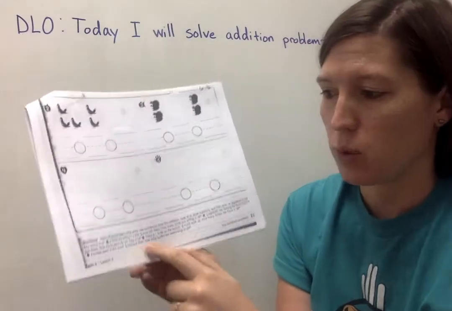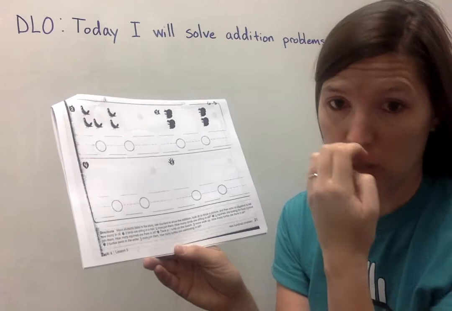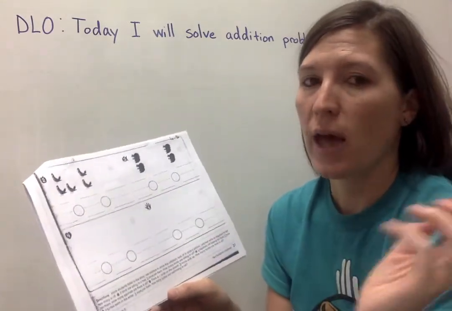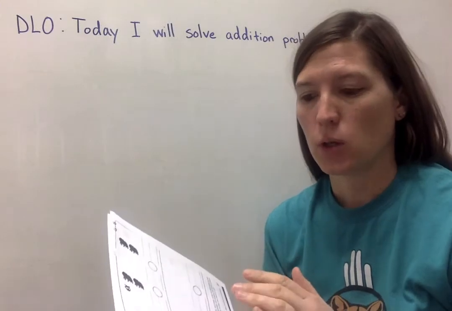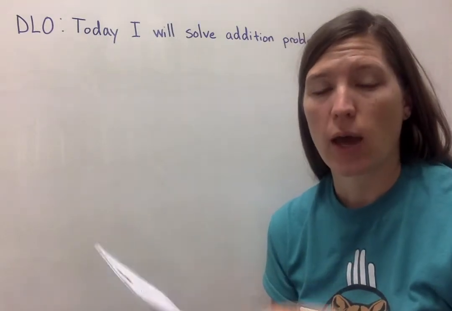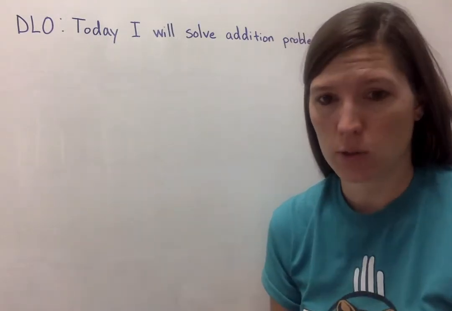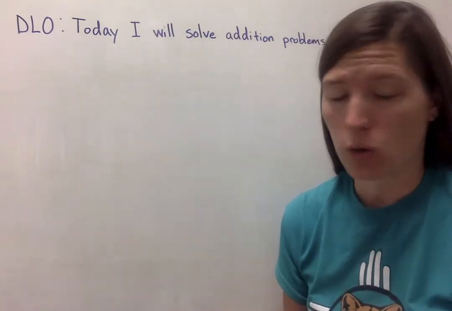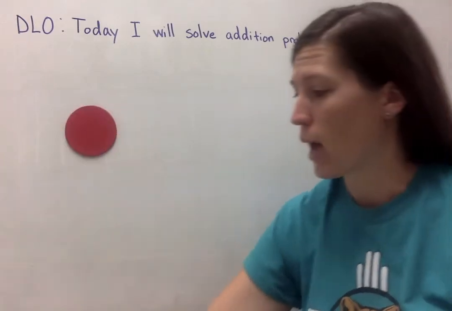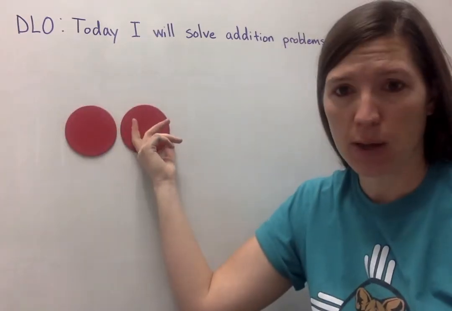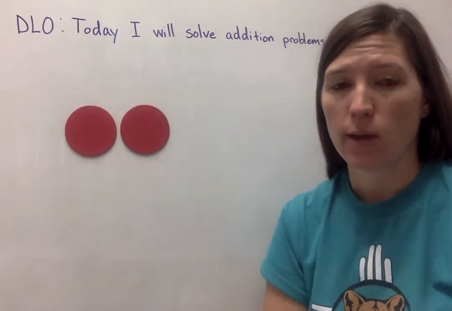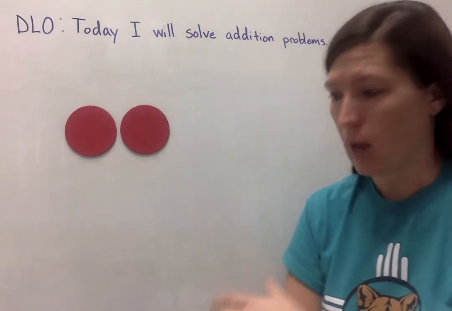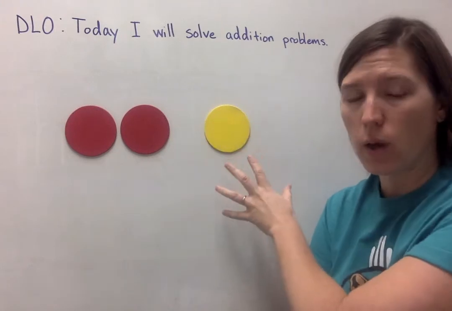At the bottom, whoever's helping you with your math today will read a story to you. When you have a story problem, listen to the details. How many of what items? So if I were to say, I went to the grocery store and I picked up 2 apples. How many apples did I pick up? 2. Then I went over and picked up 1 lemon. How many lemons? 1.